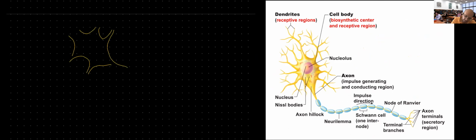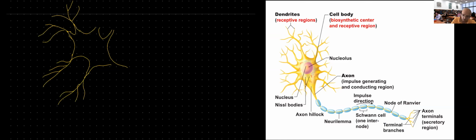and this cell body is connected to short tapering processes. We call those short tapering processes my dendrites.